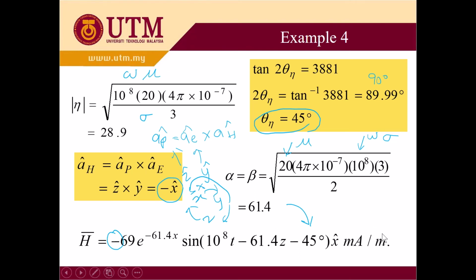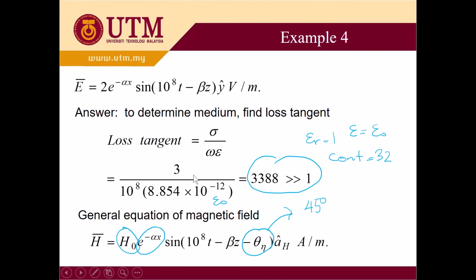Something not shown is how we determine the H naught. It's not given here, but H naught is basically E naught divided by the magnitude of the intrinsic impedance. In this question, E naught is 2.